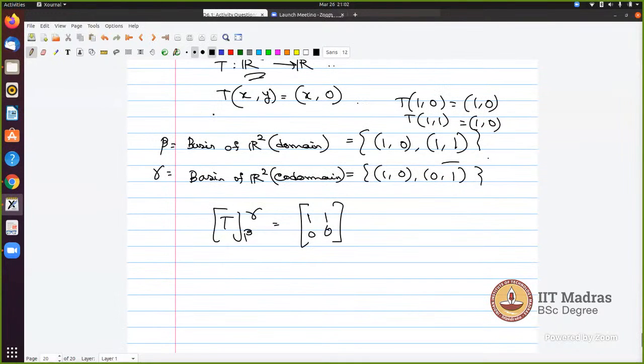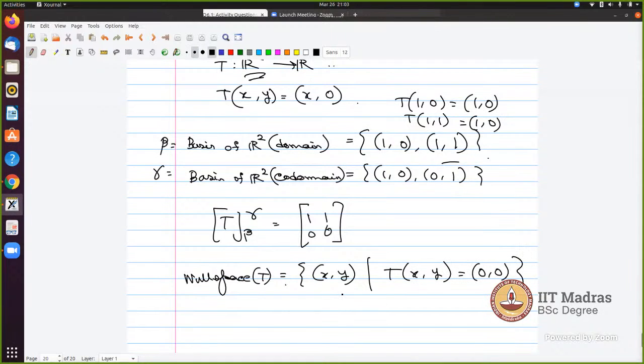Now, what is the null space of this transformation? The null space is the set of XY such that T of XY is 0, 0, right?